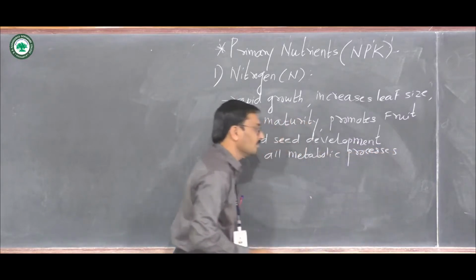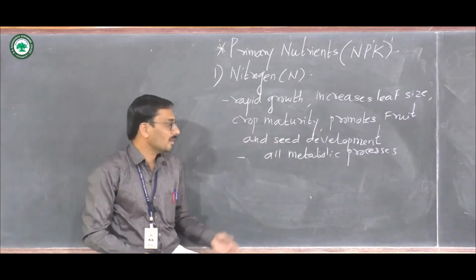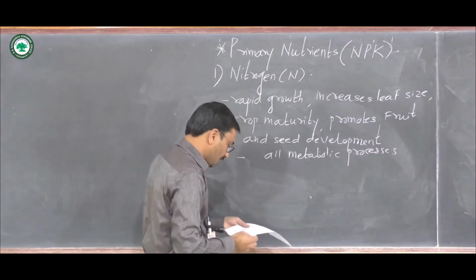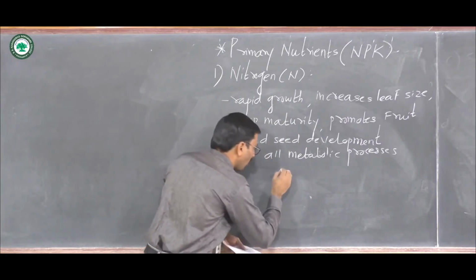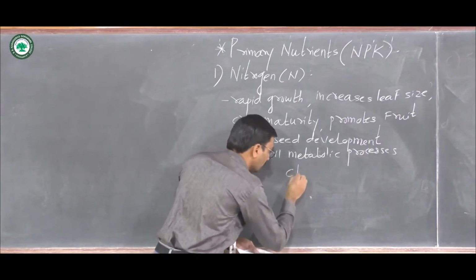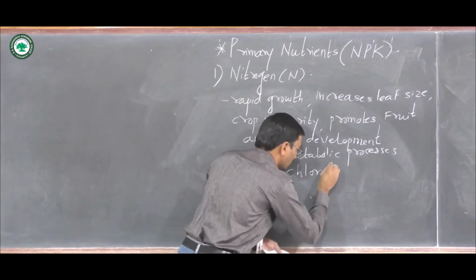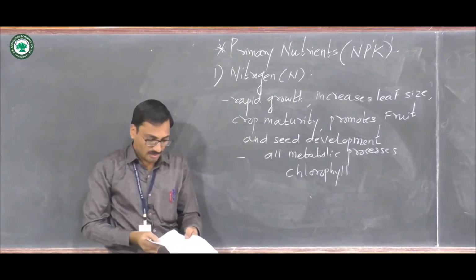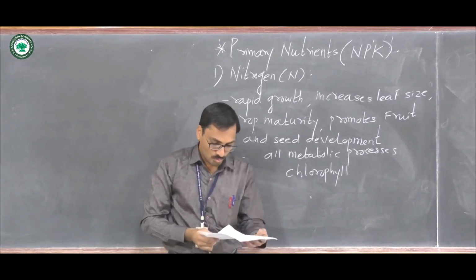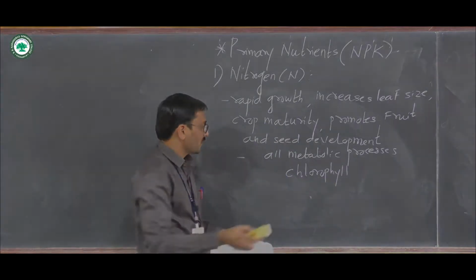Nitrogen is also an important part of chlorophyll, which is manufactured through the photosynthesis process.